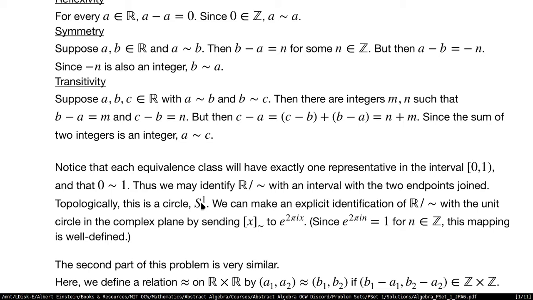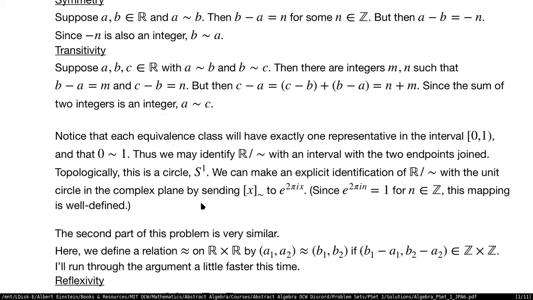Notice that each equivalence class will have exactly one representative in the interval. Yeah, that makes sense. Topologically, this is a circle, S1, exactly. You can make an explicit identification of R slash turtle with the unit circle in the complex plane by sending each equivalence class to e to the 2 pi ix, and in the complex circle you're going to have that 1.